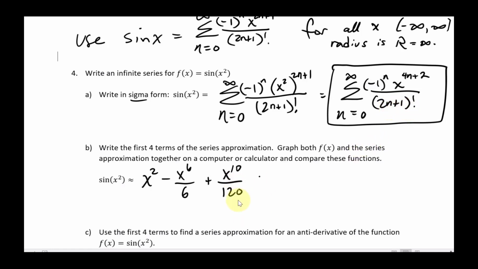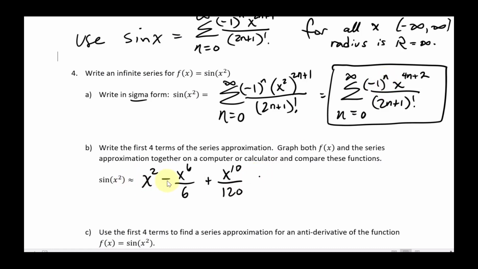So that was n equals 0, n equals 1. Now I have n equals 2. When you plug in n equals 2, that's 4 times 2, that's 8 plus 2, that's 10. So we have x to the 10. And plugging in 2 here, that's 2 times 2, that's 4 plus 1, that's 5. 5 factorial, that's 120. And of course I'm plugging in 2, so I have a -1 squared, which makes it positive.